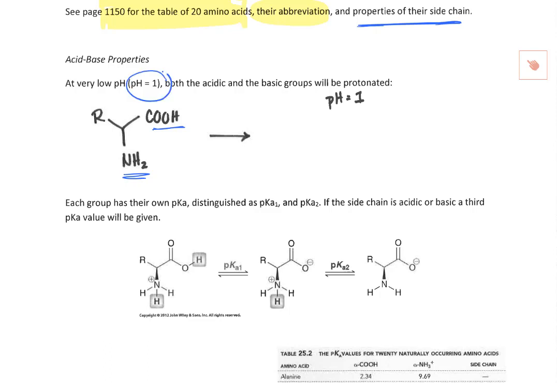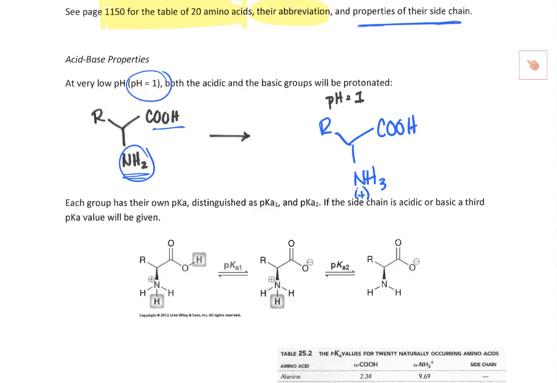So remember, low pH is very acidic, right? So at pH of 1, you're taking the carboxylic acid and you're absolutely making sure that it's acidified and has been protonated. And the NH2, which is a base, when that base encounters acid, right? This is going to be protonated. So at pH of 1, you're going to have both of those components be protonated.